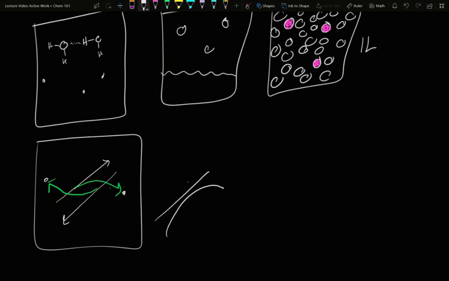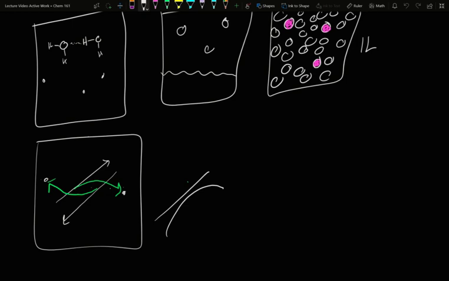On average, because of these curves, it takes longer to hit the wall. If it takes longer to hit the wall, you don't hit as often. If you don't hit the wall as often, you don't exert as much pressure. The attractive forces between molecules result in lowering the pressure, simply because it creates longer paths for our particles to travel than the ideal gas law presumes.